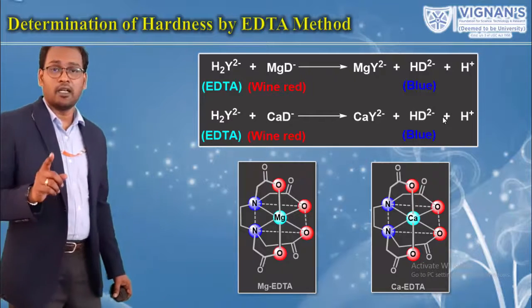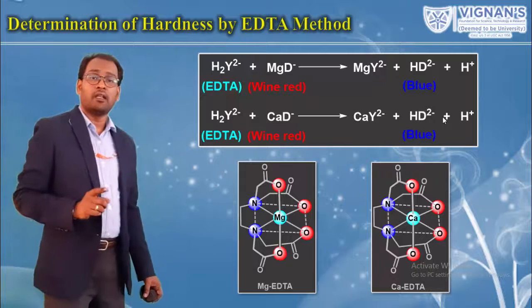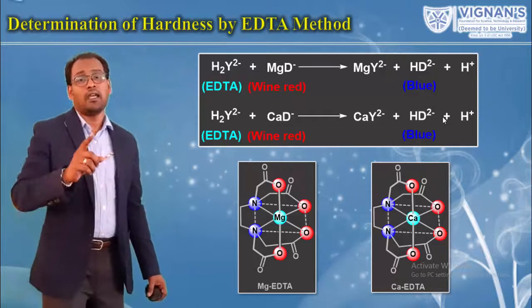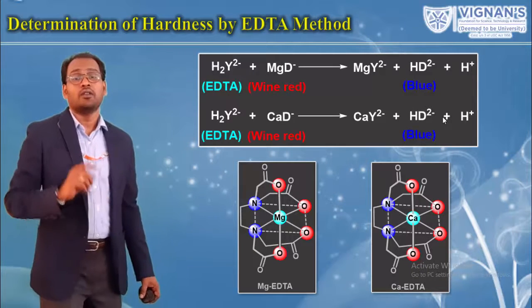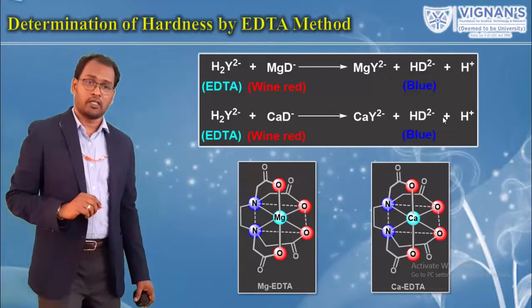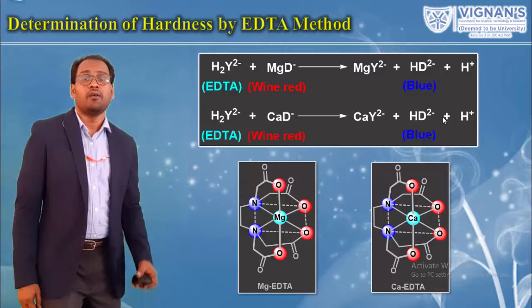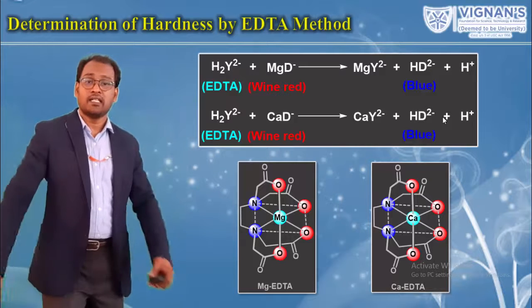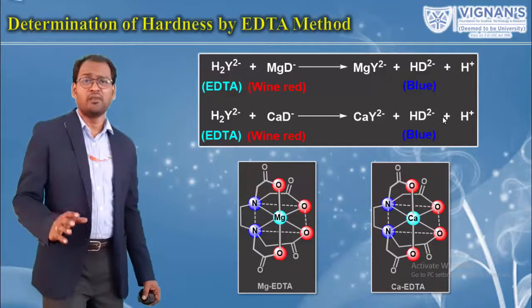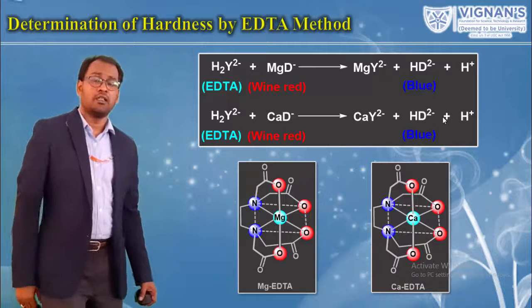So what happens here? The metal changes its place and is now attached to the EDTA complex, and the complex form is given here for both calcium and magnesium. These are the principles on which this EDTA estimation is done.